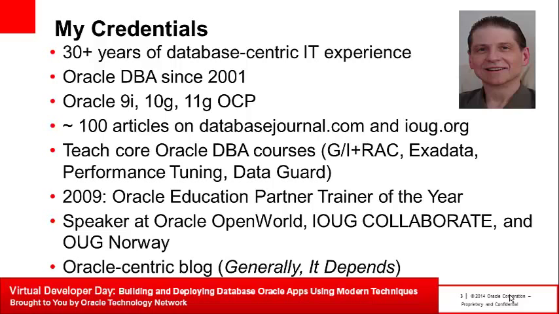I spend a lot of time writing articles for publications like IOUG Select Journal. My name may sound familiar to you because I just had an article on 12c security features published in the last quarter's journal. Also, I've got around 100 articles on databasejournal.com, and recently I started writing for Confio Logical Read.